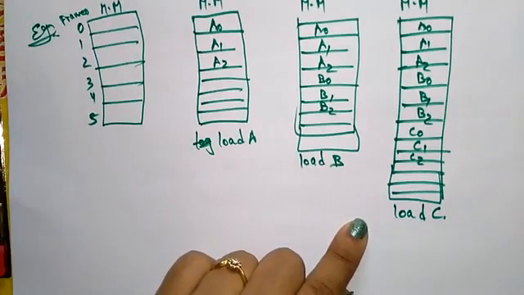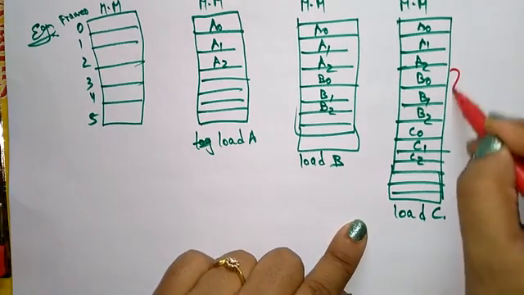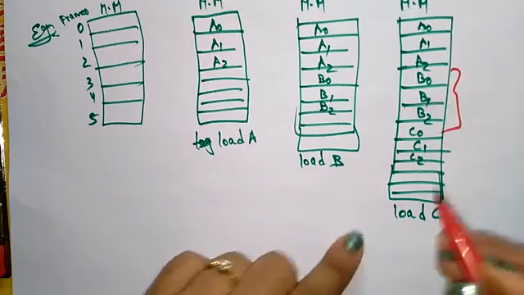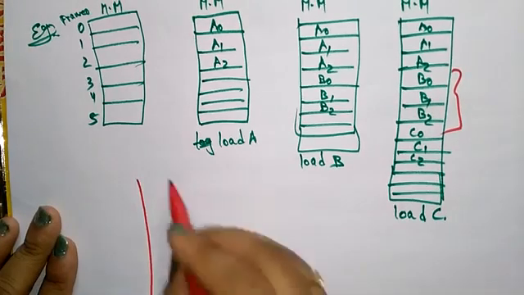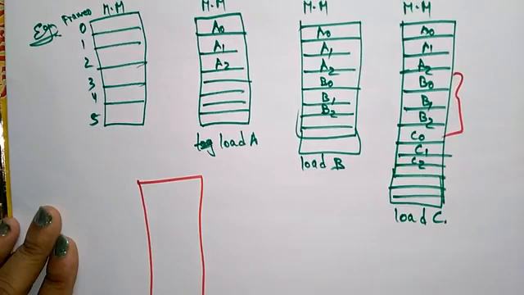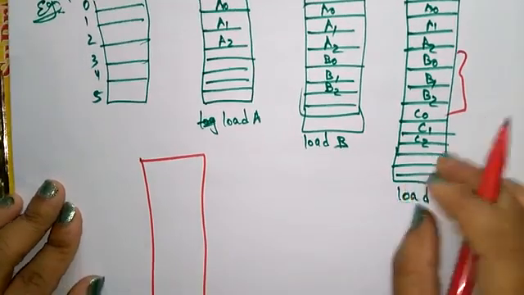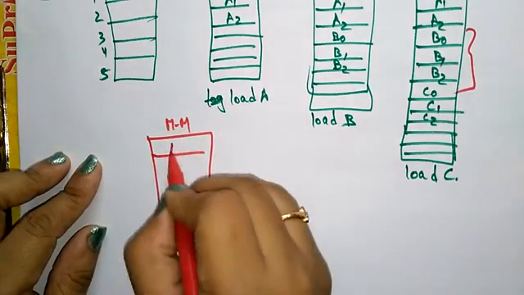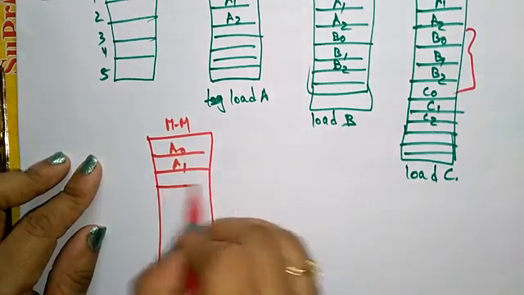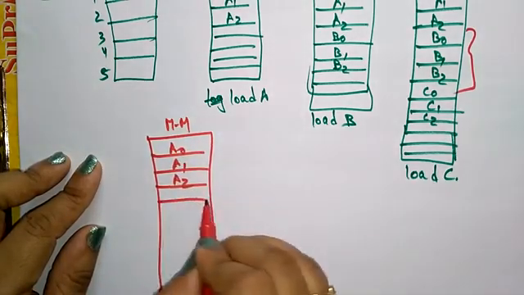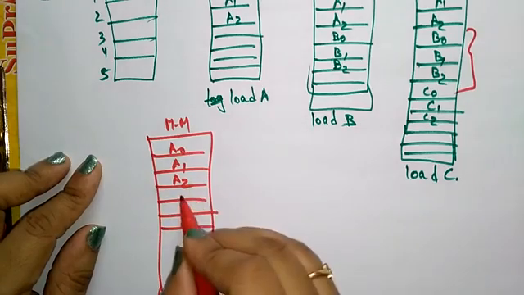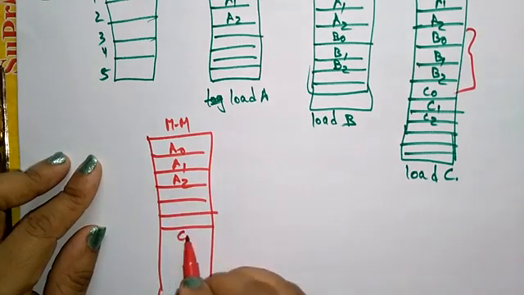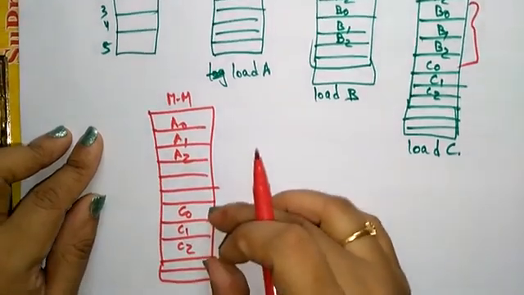Now I want to swap out B, because there is no free space here and I am not using B. So I swap it out. A0, A1, A2 remain, B0, B1, B2 space is freed, and C0, C1, C2 remain.